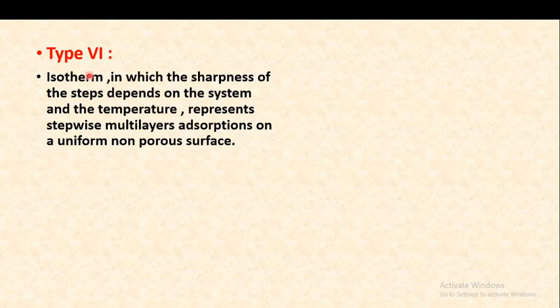So what happens in the type 6? The isotherm in which sharpness of the steps depends upon the system and the temperature. Means how the nature of the graph is obtained depends on the system and the temperature, and it represents the stepwise multilayer adsorption on a uniform non-porous surface.